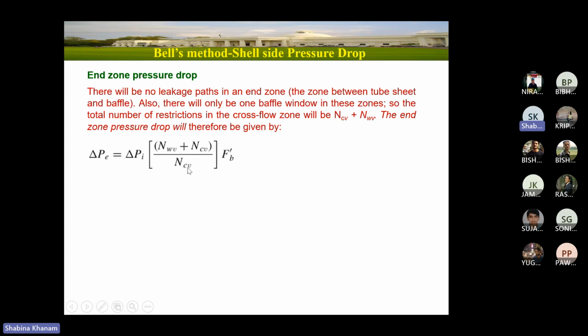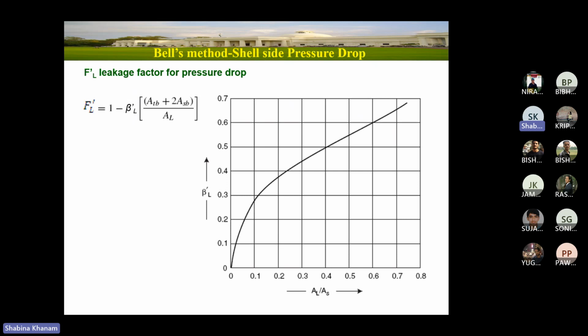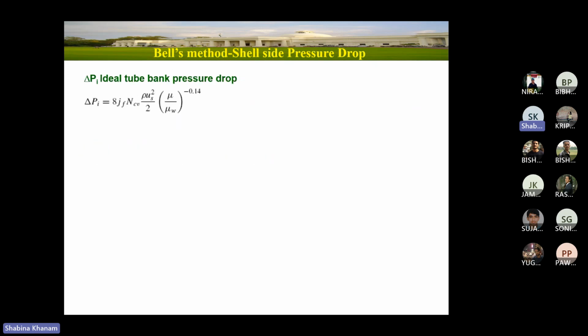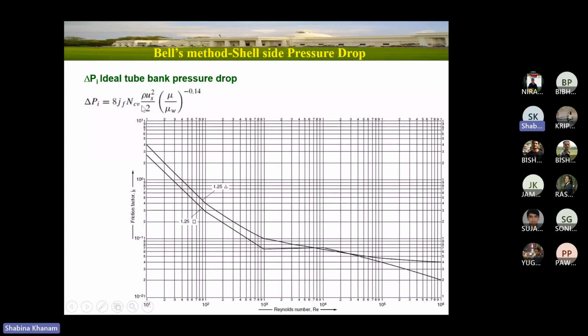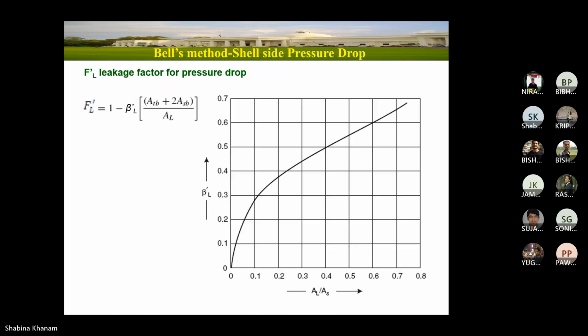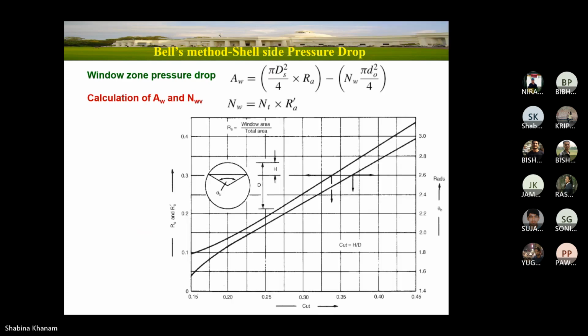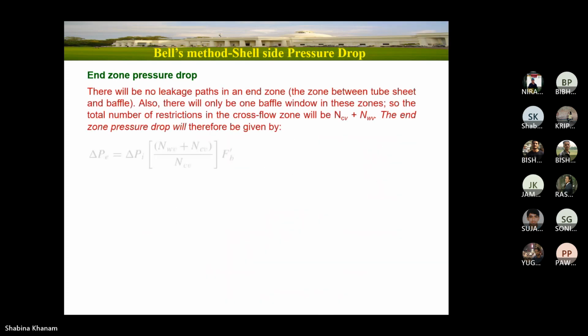So we will divide that and multiply by NCV plus NWV. In that way we can have the end zone pressure drop.